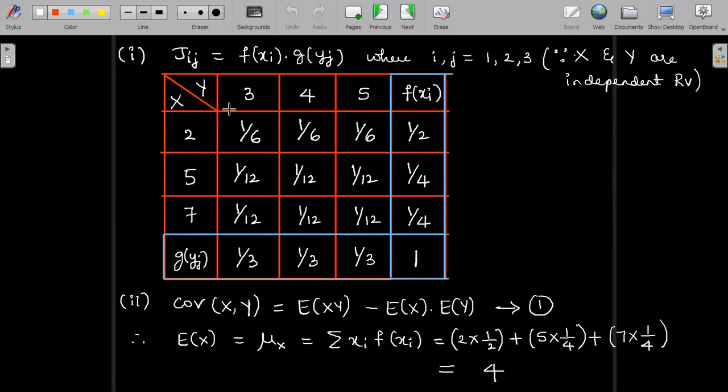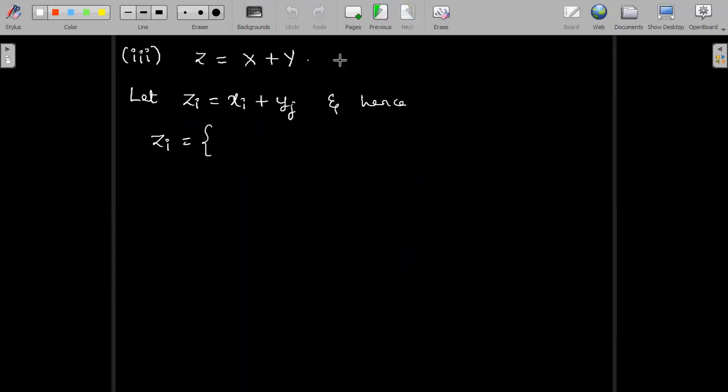So every x is added with y. While doing the sum, did we observe that x is equal to 5 and y equal to 5 gave us the sum as 10, as well as x is equal to 7 and y equal to 3 gave us the sum as 10. So in two cases, the sum 10 is repeating.